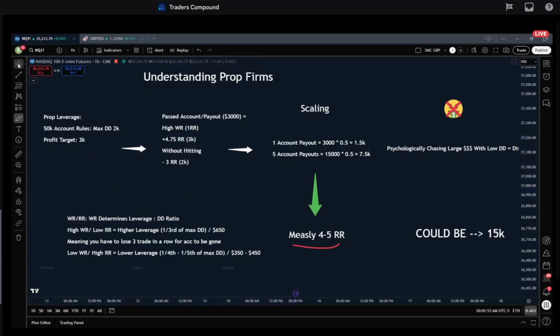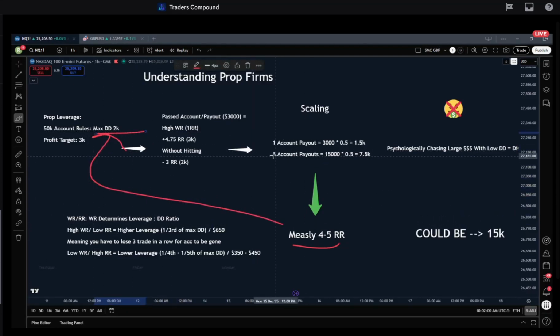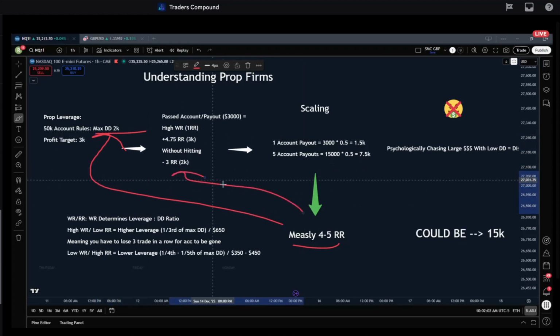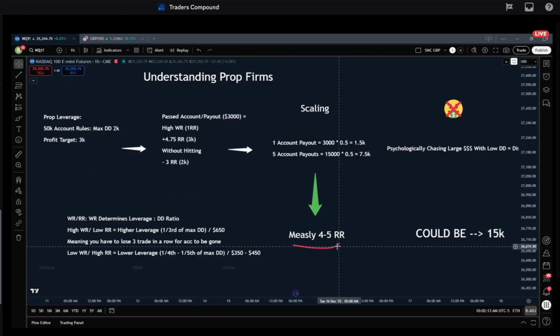So that's the other thing we have to look at: are we hitting 4 to 5 RR, but are we hitting 4 to 5 RR after we lose 3 risk to reward? Or can we consistently hit this without being in a drawdown? What does our equity curve look like, right? When backtesting this through software, I believe it's a Sharpe ratio. Do we have a good Sharpe ratio, right?